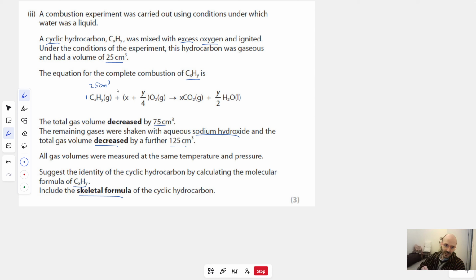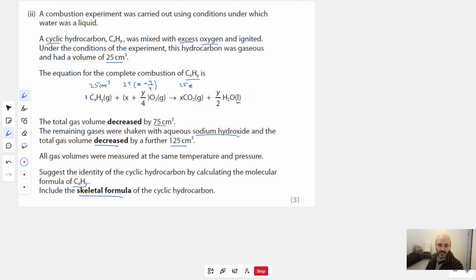If you have 25 cm³, it reacts with 25 times x plus y over 4 cm³, and that forms 25 times x cm³ of CO2. Water is a liquid, so it doesn't count as a gas.